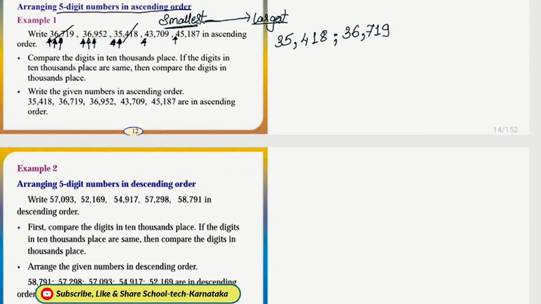And in the remaining 3 numbers, as we have 3 here and 4 at the 10,000s place, we know this is the smallest. So we write this number, 36,952.